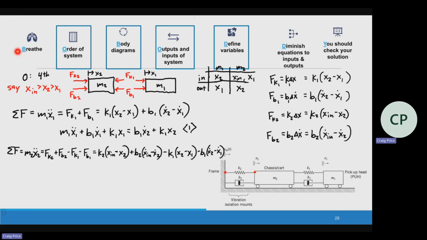And then again, we can check before we do this, all of the X2s are negative. Good for us. That means we're going to add them all to the other side. So we get M2 X2 double dot. Now I have both a B1 and a B2, so we're going to combine those. B1 plus B2 times X2 dot. And I have a K1 and a K2.